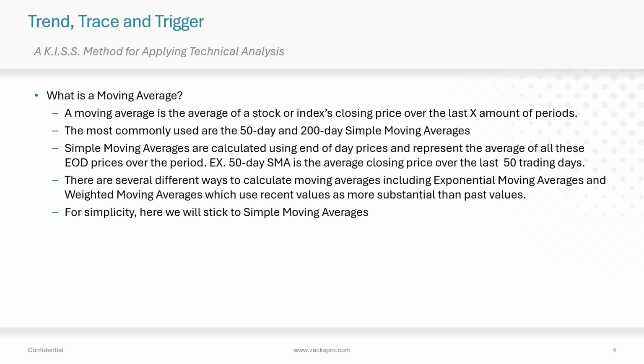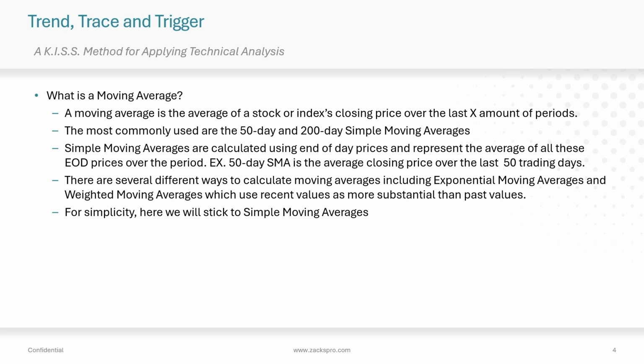Now, there are several ways to calculate moving averages, including exponential moving averages and weighted moving averages, which use recent values as more substantial in the calculation than past values. So it'll put more weight on the last 5 trading days, for example, versus the 15 that came before. Okay. There's all types of tricky ways to do it.